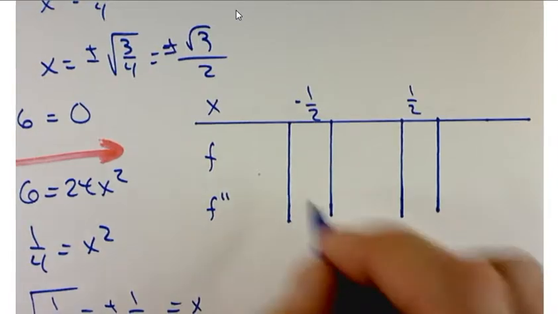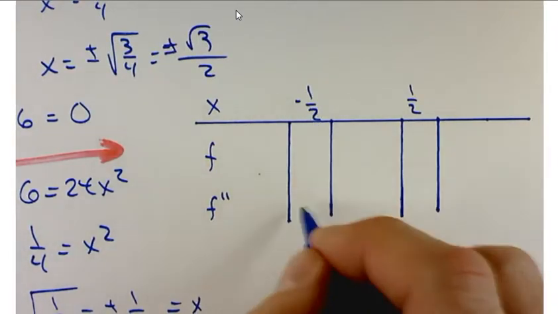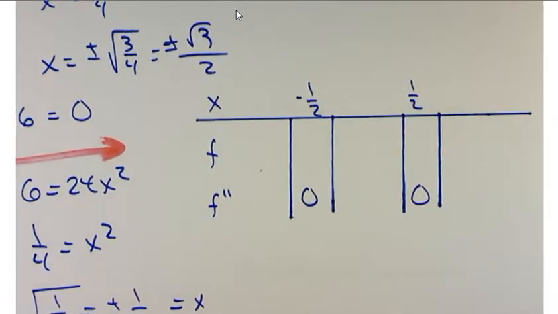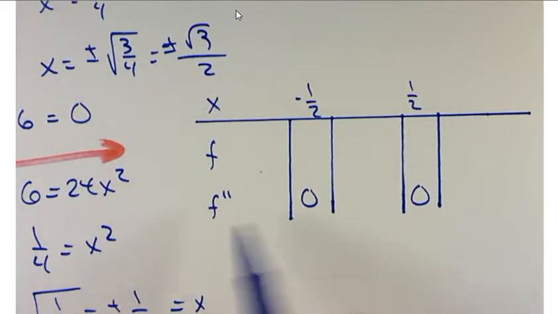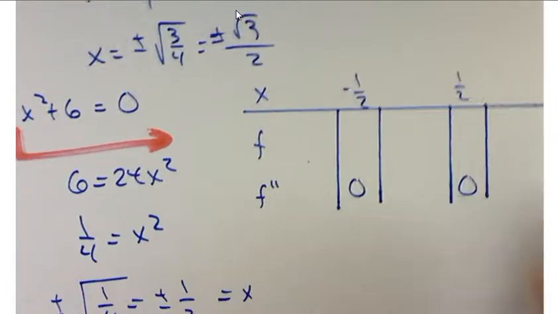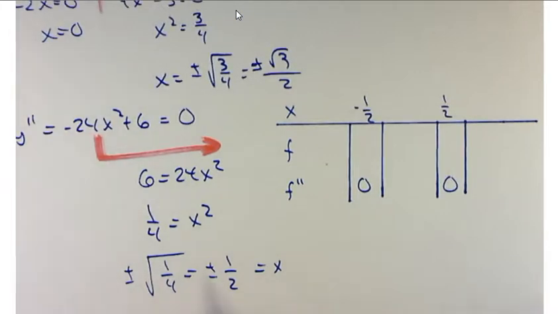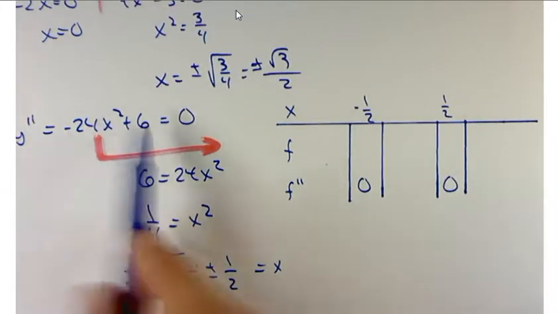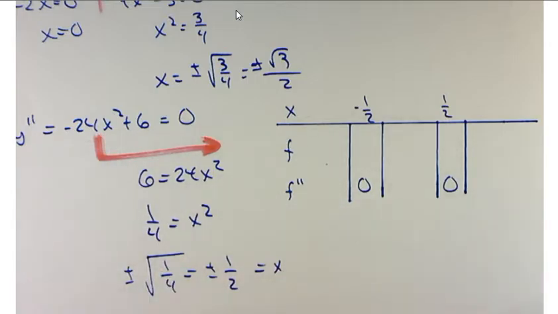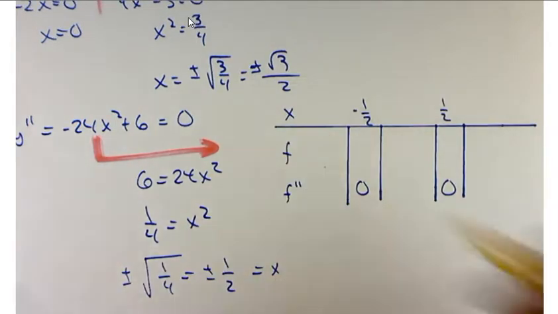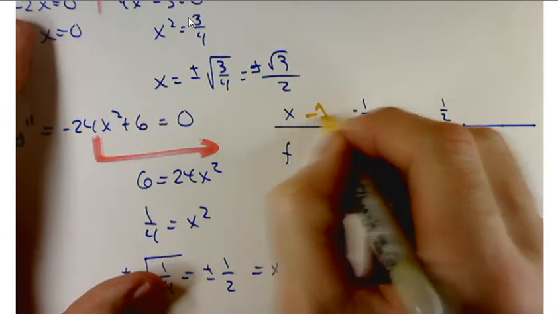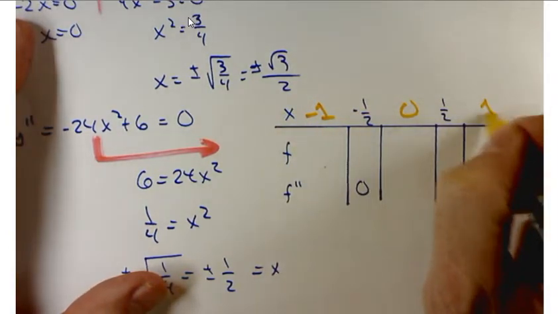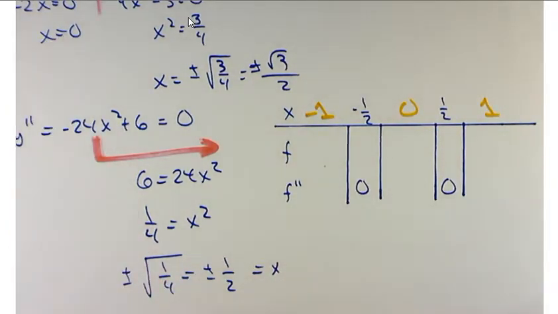Okay, so at these points, the second derivative is 0. But I need to test the value of the function in between these points. You can do that by plugging the second derivative into your calculator and testing points. What would be some good test points here? Negative 1, 0, and 1.